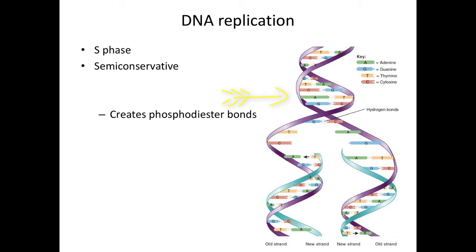After it's split away from the other old or parental strand, new base pairs bind via hydrogen bonds to the DNA molecule. These new nucleotides need to be linked together to form a permanent new DNA ladder. When you look at the 2 new molecules of DNA, you can see that each molecule is half old and half new DNA. That's what we mean by semi-conservative.